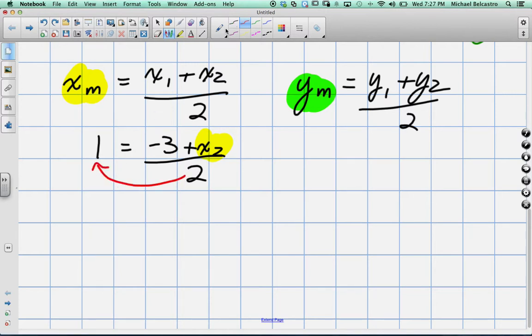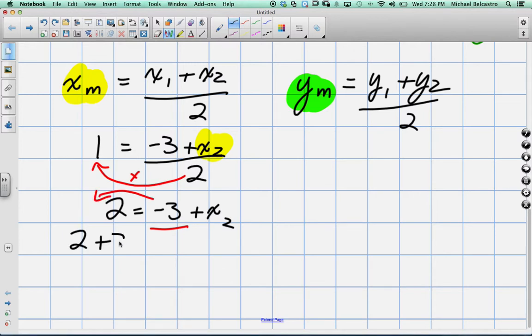When I bring it over, what operation do I need to do? Because that's division, we're going to multiply. So this becomes the value of 2. So 2 is equal to -3 plus x2. And if I were to move the -3 all the way to the other side, what would it become on the other side? A positive. That's right.